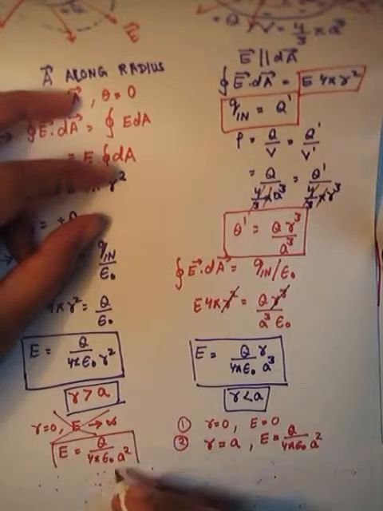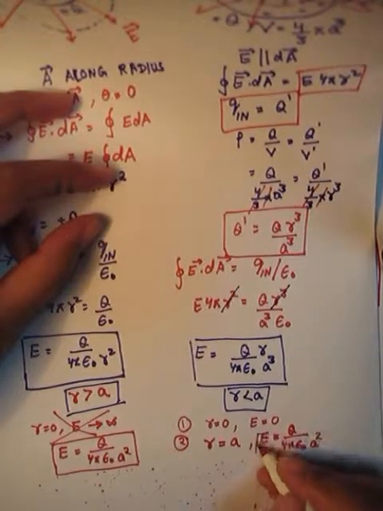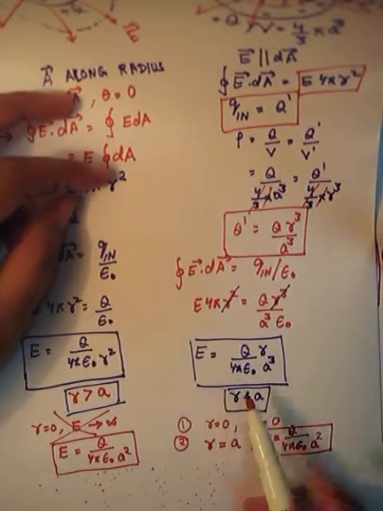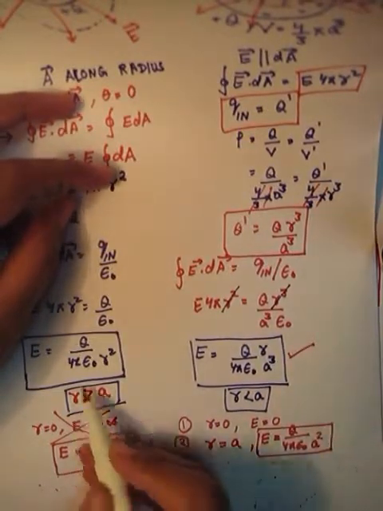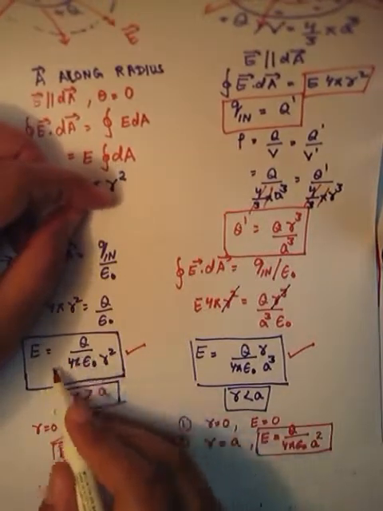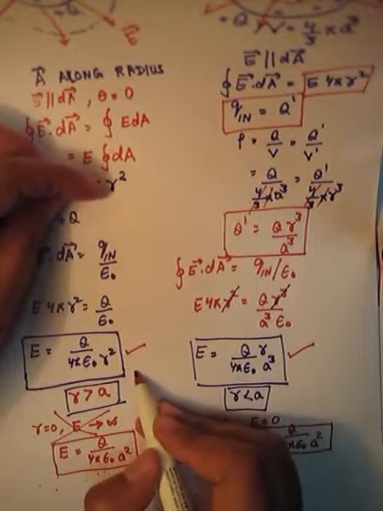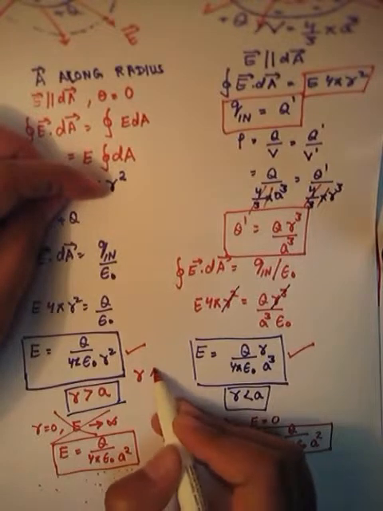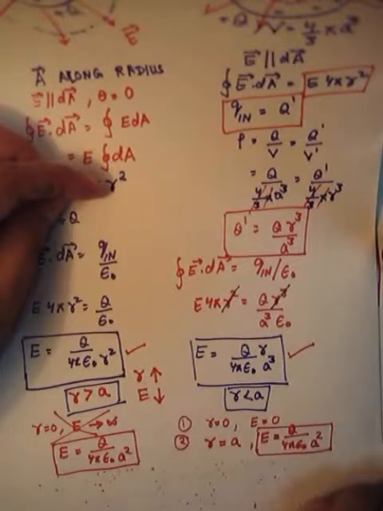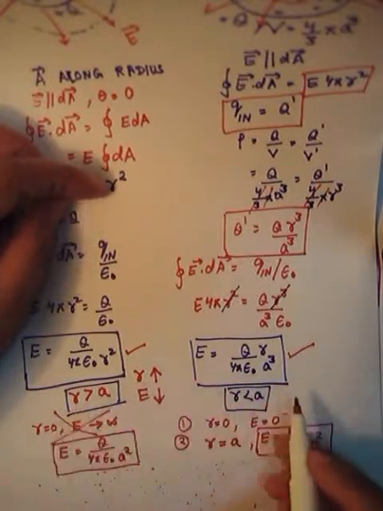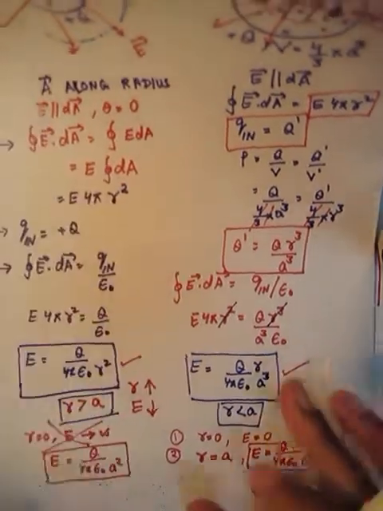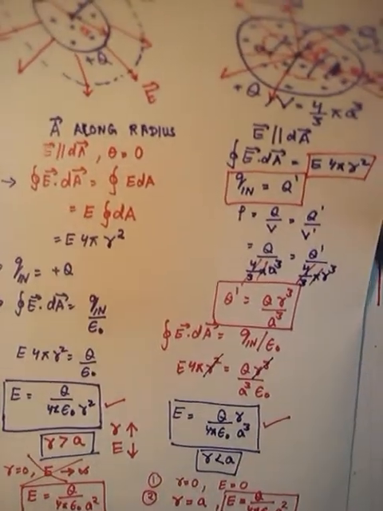So both of these agree at the surface. The electric field is the same. Okay, so for inside the sphere, this is valid. For outside the sphere, this is valid. And we need to understand this also, that if R increases, electric field will decrease. So if I have to draw a graph for electric field versus R, how will it look like?